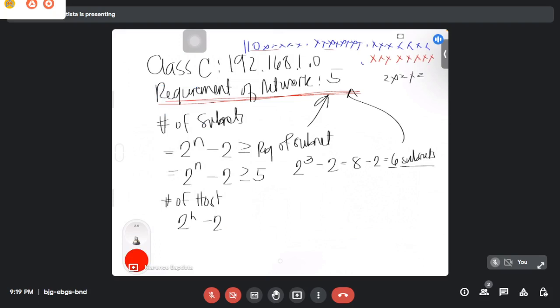So, meron tayong first octet, second octet, third octet, and fourth octet. So, kung nalaman po natin yung value ng n for number of subnets, kukunin po natin yung sa host portion, 1, 2, 3. Okay? So, value niyan is 2 raised to 7, 2 raised to 6, and 2 raised to 5.